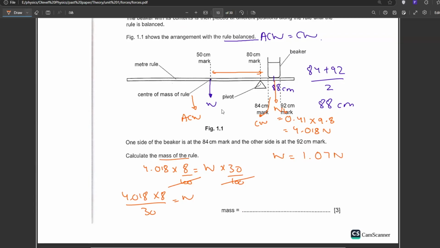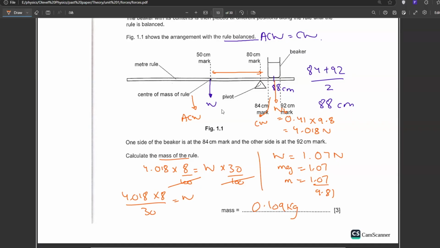But you have to calculate the mass of the ruler. So weight is equal to mg, 1.07. Mass is equal to 1.07 divided by 9.81. This comes out to be 0.109 kg. Simple as that.